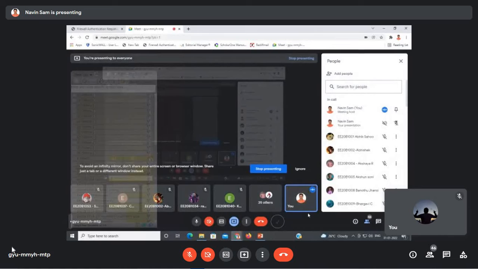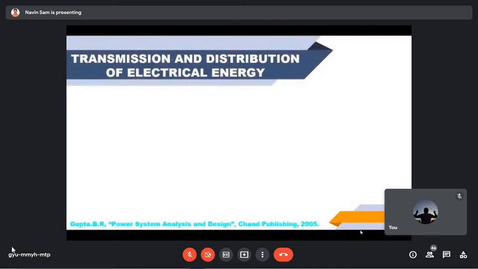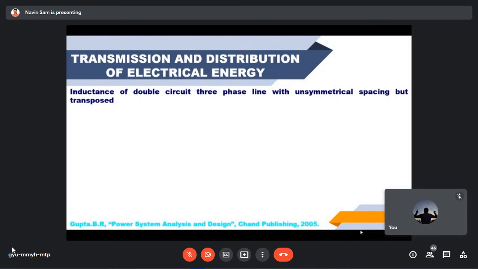Okay. Let me start with the first structure. You may take down: inductance of a double circuit 3-phase line with unsymmetrical spacing but transposed.